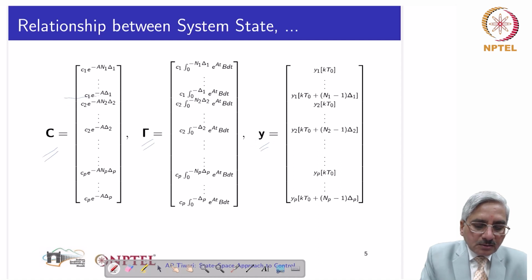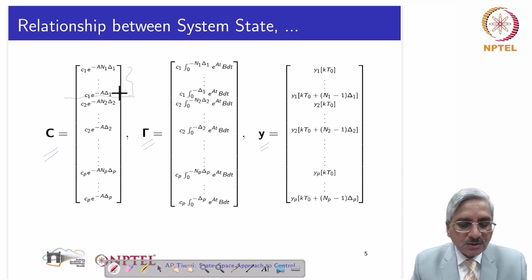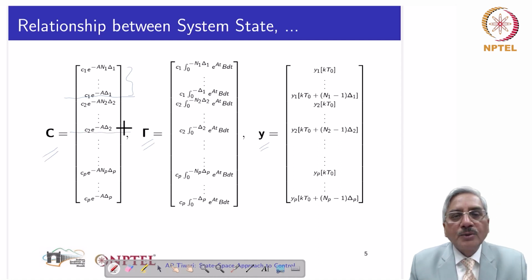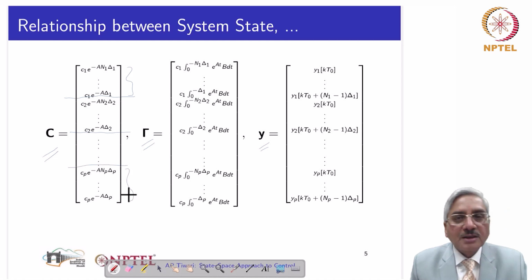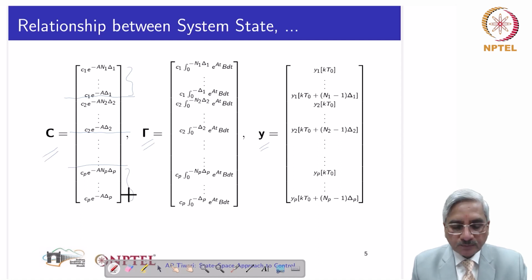Recall, this part has n1 rows corresponding to the sampling of output 1, this part has n2 rows corresponding to the sampling of output 2, and this last one corresponds to the np samples of the pth output.